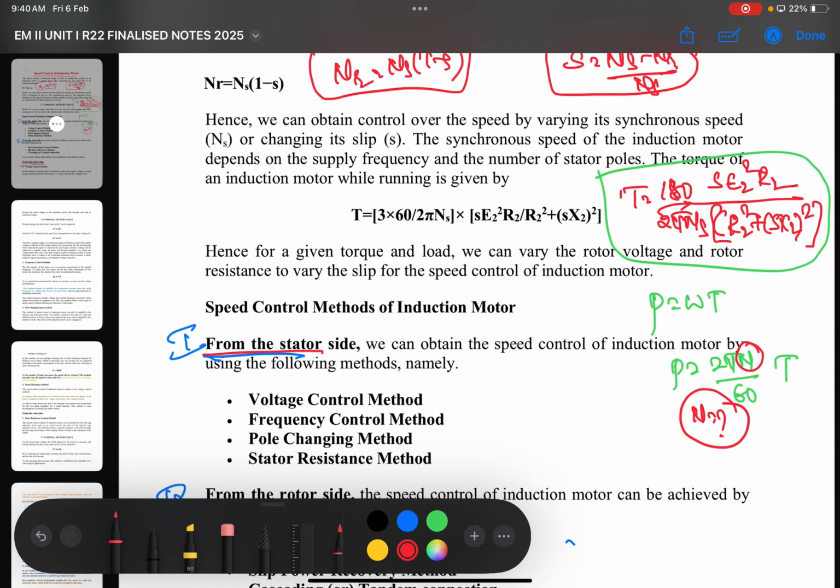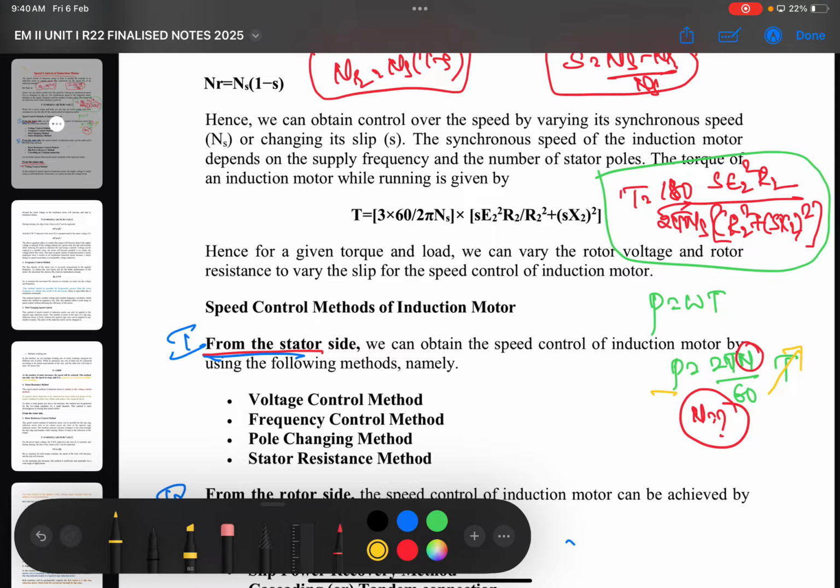Yes or no? I can calculate the n term, and if I change the torque and keep the power constant, I can vary the speed. So by changing the torque, indirectly I can vary the speed also. I am just telling you the possibilities here.